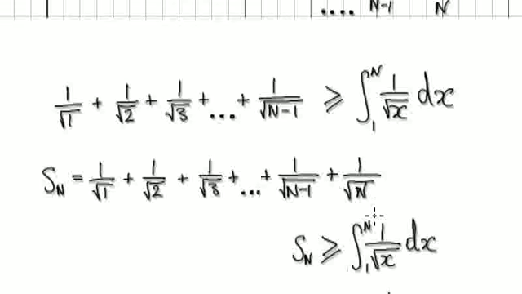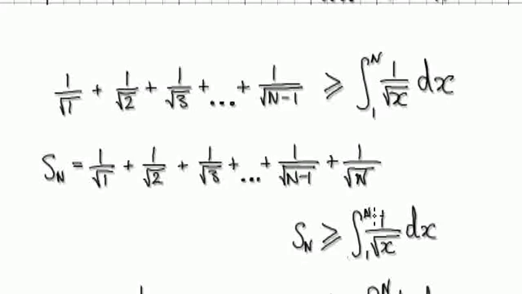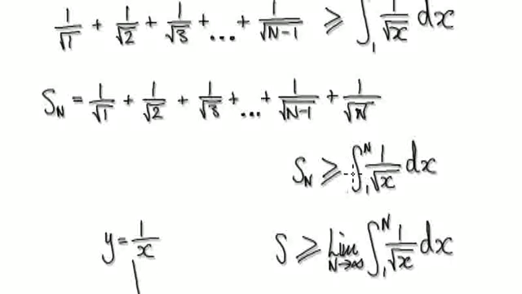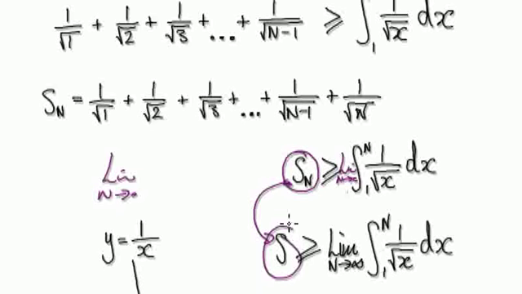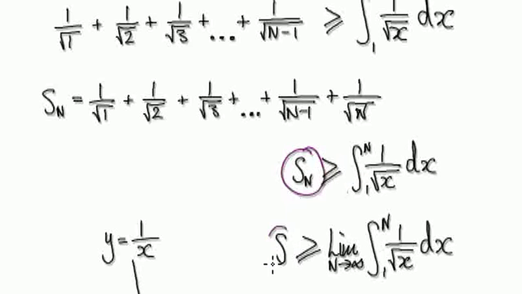Okay, so now take the limit as capital N tends to infinity. The minute you take the limit as capital N tends to infinity, this thing here will become S. We've done this notation before, so you should know the difference between these two.